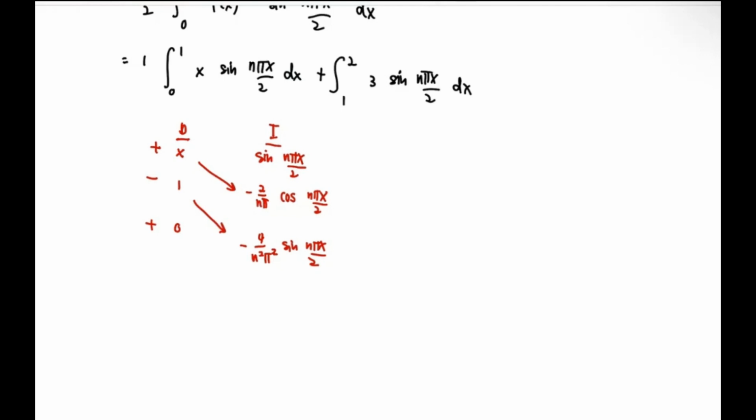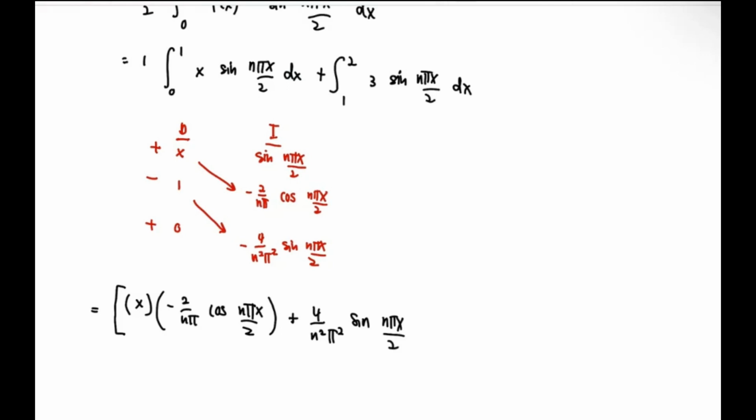Alright, so let's write this integration. So first we have x multiply negative 2 over n pi cos n pi x over 2, plus negative 1 multiply negative 4 over n square pi square. So 4 over n square pi square sine n pi x over 2.